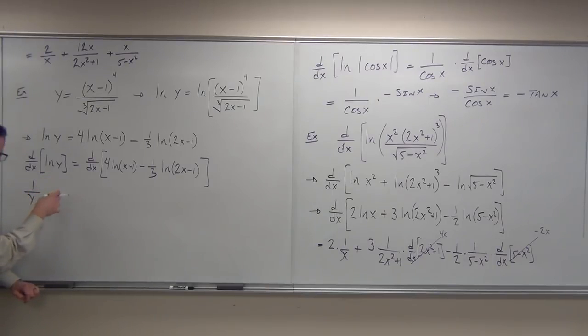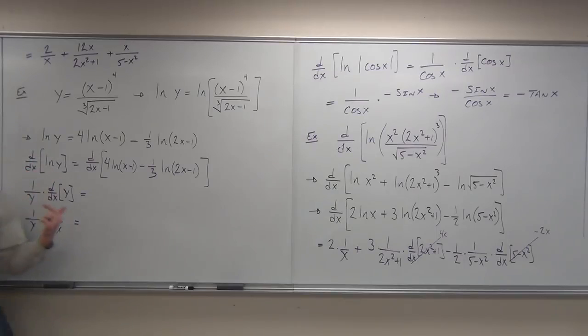I don't really like the y prime because notation-wise it kind of fails you here. But notice, you would do a derivative of the inside. You'd have 1 over y, the derivative of ln, times the derivative of y. Look at this. This is dy/dx. That gives you your derivative. So I'm going to go down here and give you dy/dx.